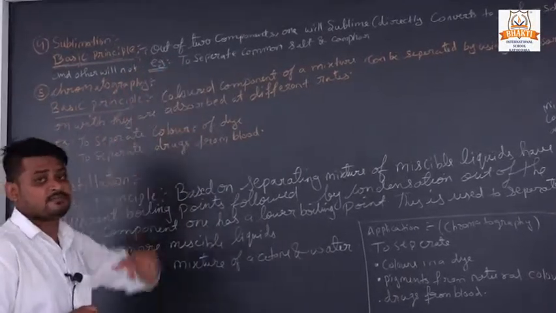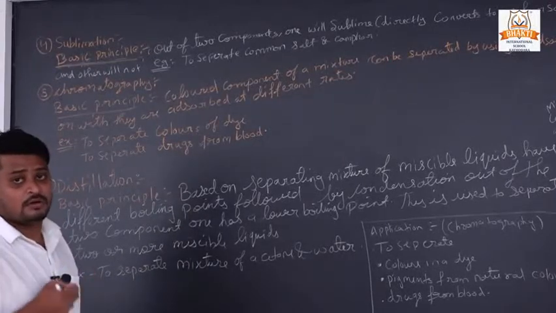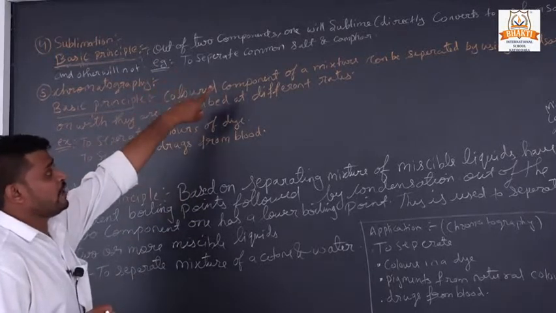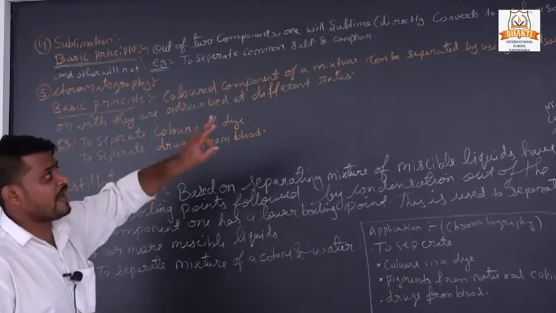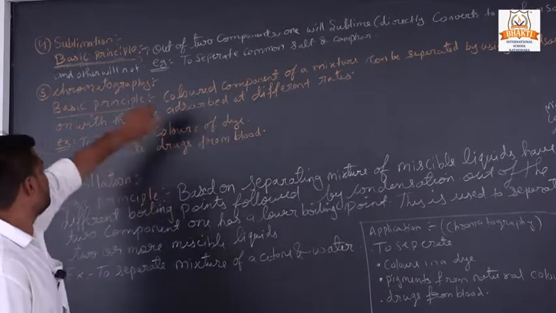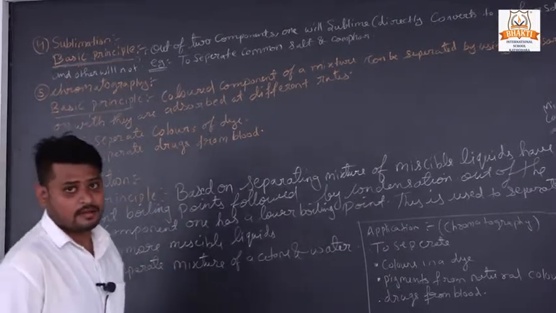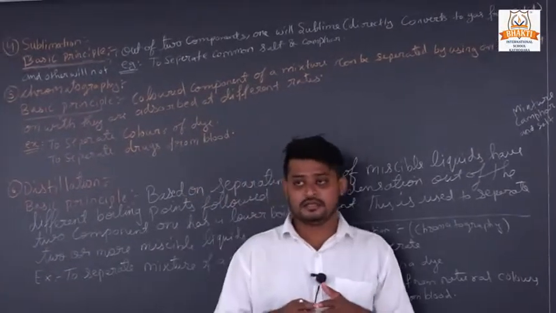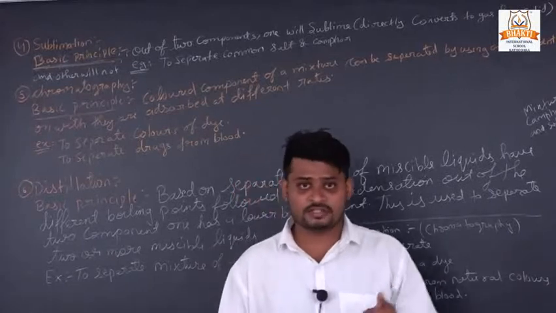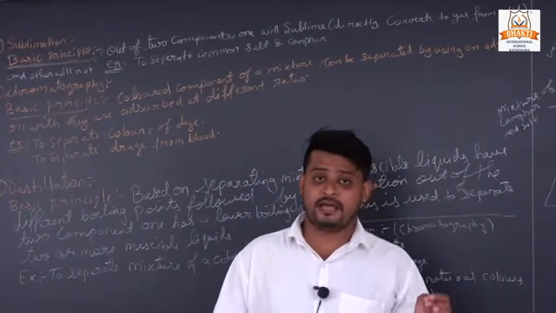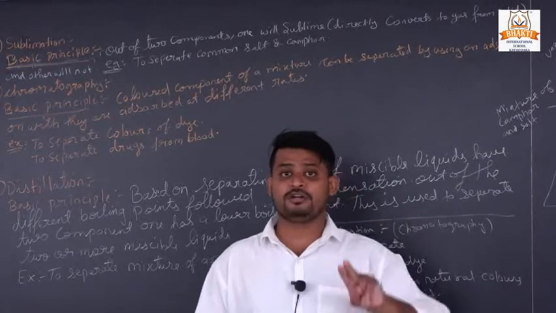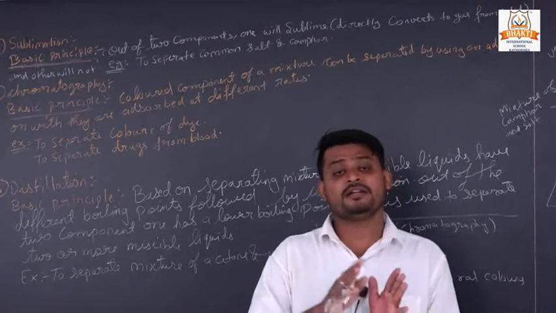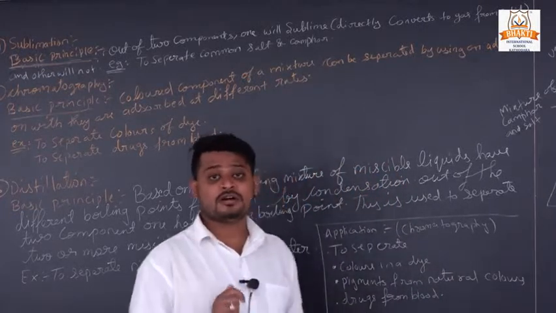This process is applicable to a mixture in which, out of two components, one will sublime, meaning it directly converts from solid to gas, and the other will not sublime.